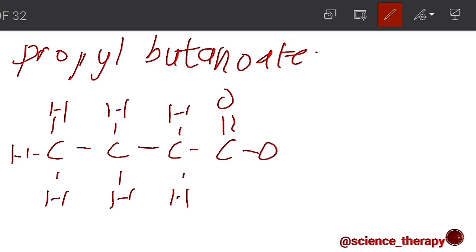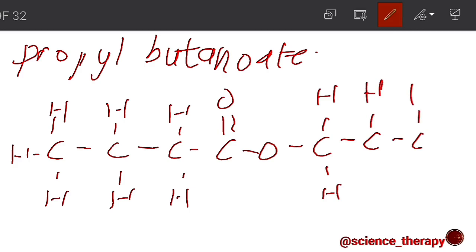And now we have that oxygen, the ester link. And remember, we have propyl for the alcohol. So, yep, this becomes the structural formula of the ester that is formed, and the name is propyl butanoate. Awesome.